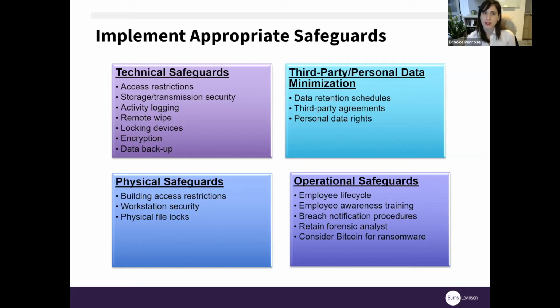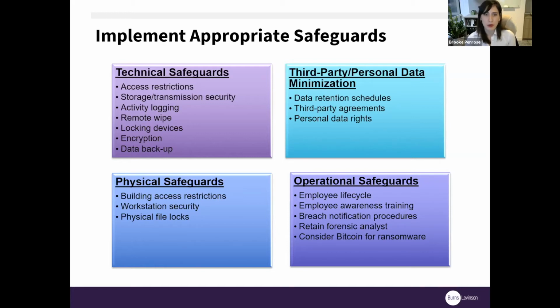Any sort of storage, transmission security, which may or may not include encryption, a way to monitor activity logging, the ability for your IT department to remotely wipe devices if they become no longer controlled or lost by your employees, device locking requirements, as well as having a reliable data backup system. If your system becomes compromised, you can rely on your backups systems.